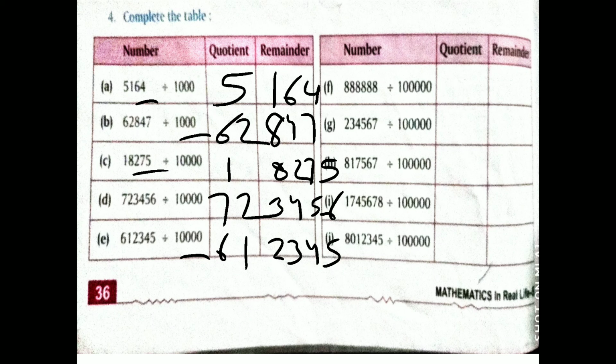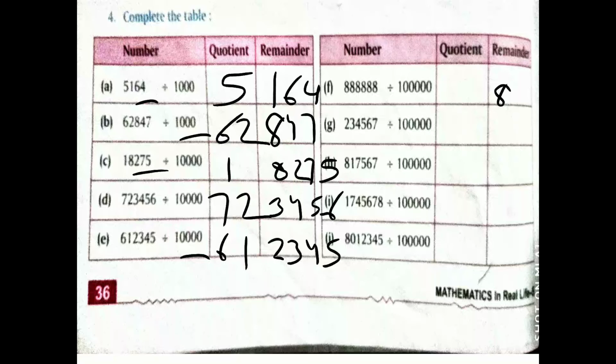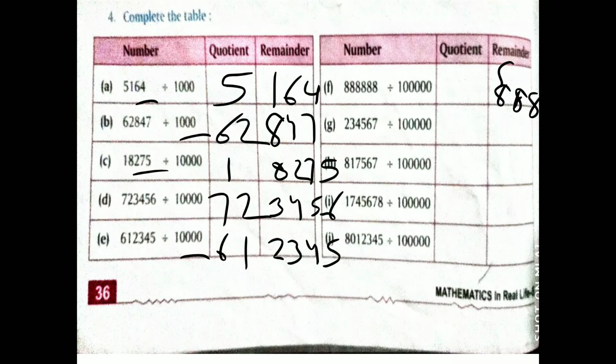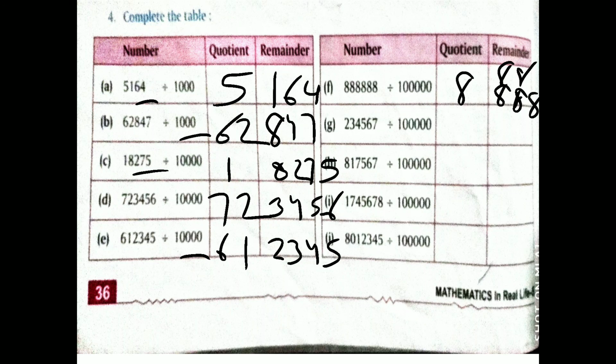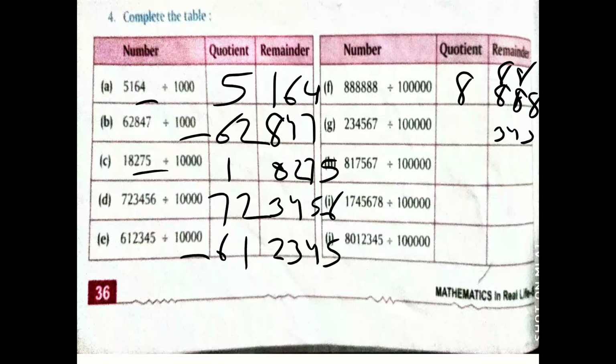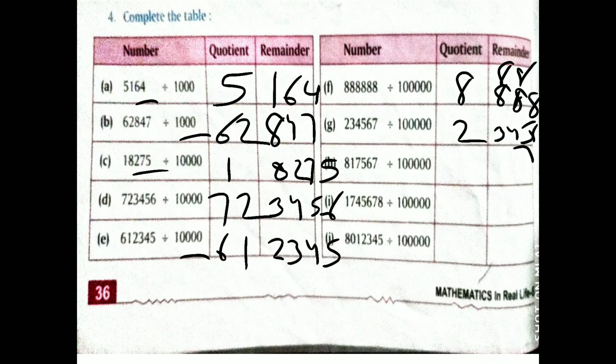Now see, count the digits. There are 5 zeros. So you write 5, 8. 1, 2, 3, 4, 5, 8. And here 1, 8. Again 5. So here you write 3, 4, 5, 6, 7. And here comes 2. Clear?